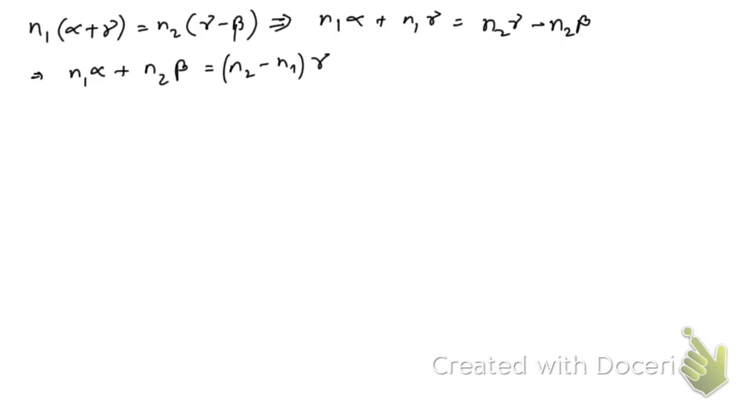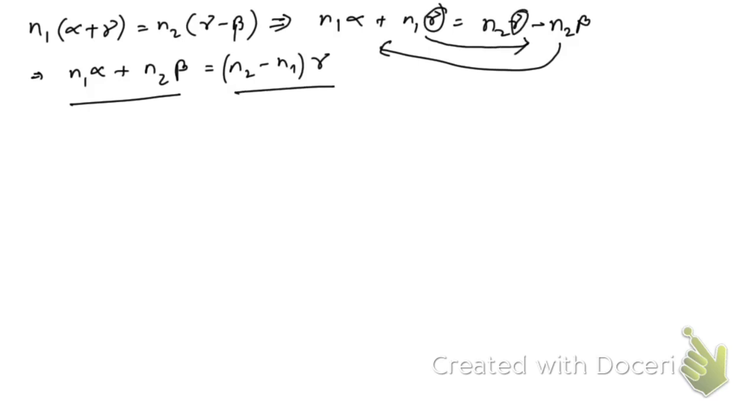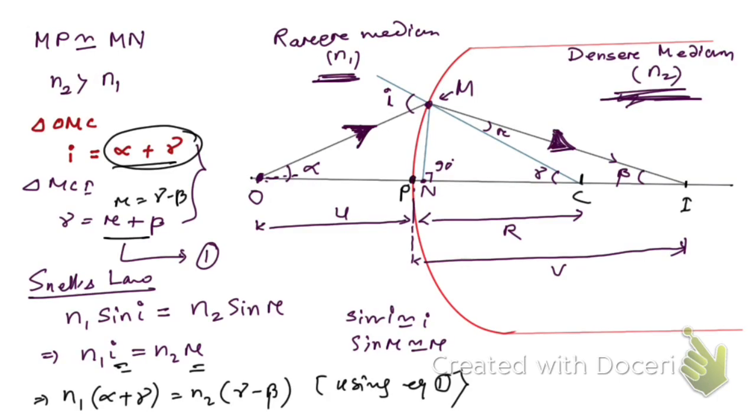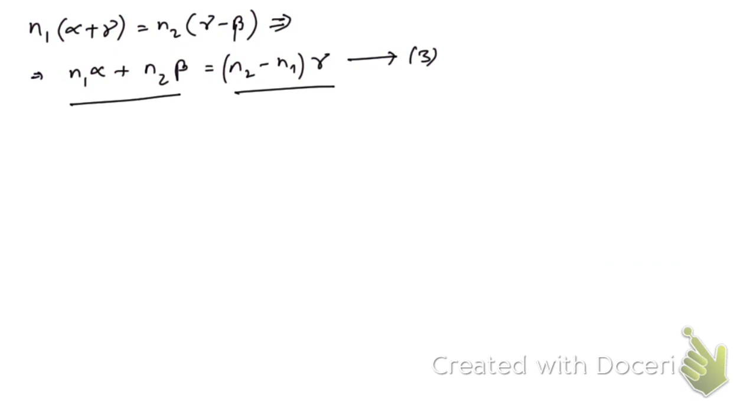I brought this term to the left side, and this one is transferred to the other side, then I took gamma common to obtain this term. Hope you have understood this. That's very simple. Where I gave equation number 2 for Snell's law, this is equation 3.